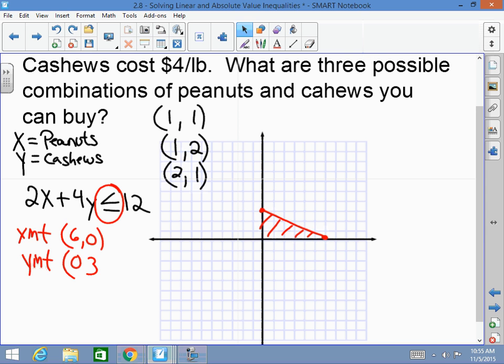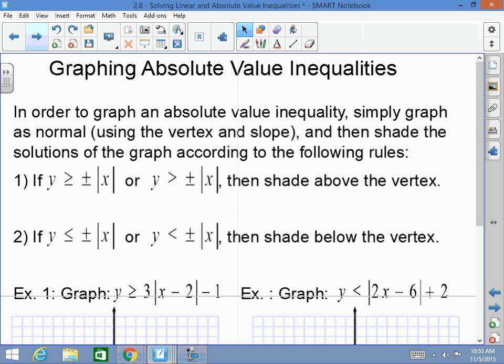Now, graphing absolute value inequalities, guys, is really, really simple. You're going to graph just like normal, except you're going to shade.